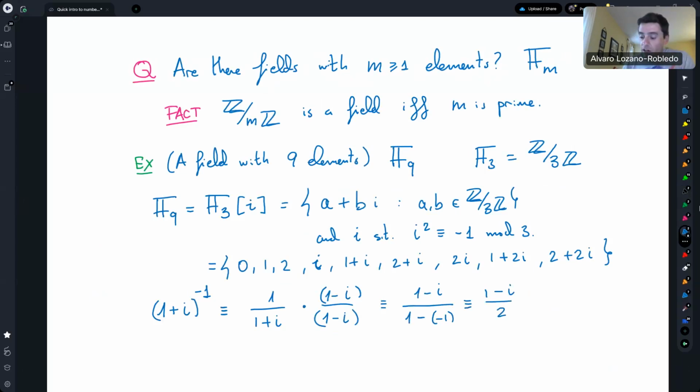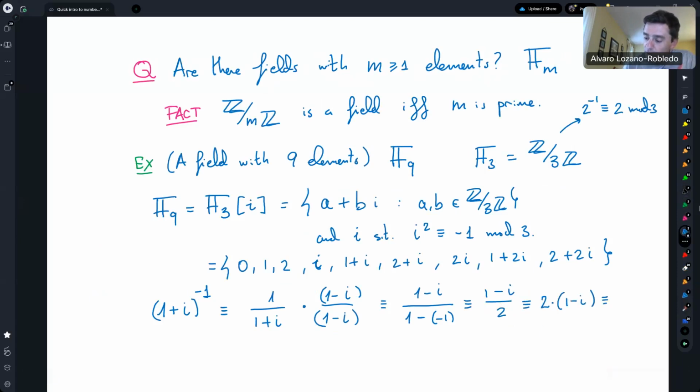But in Z mod 3, the inverse of 2 is 2 modulo 3. So the inverse of 2, which is what this denotes, is also 2. So this is the same modulo 3 as 2 times 1 minus i.